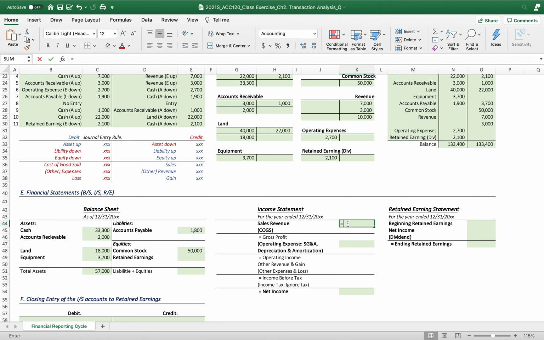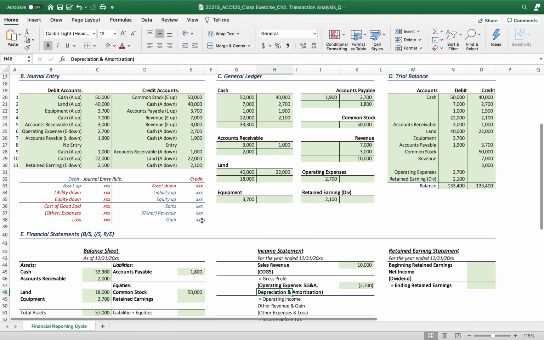Now the sales revenue. The revenue the company generated this year is 10,000. Operating expense. Now from this we should put the negative 2,700. Okay, do you see this parenthesis? The bracket means the cash out.